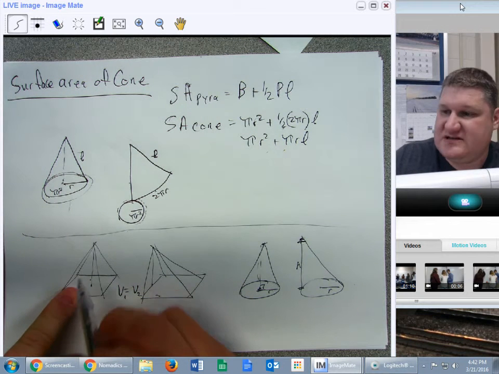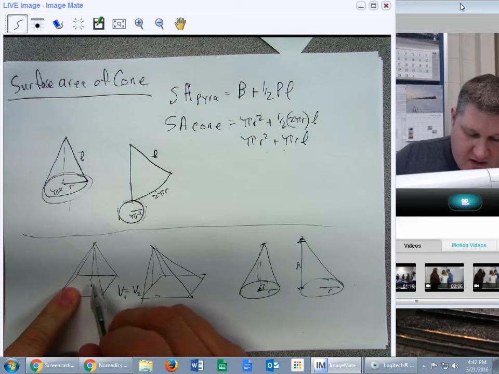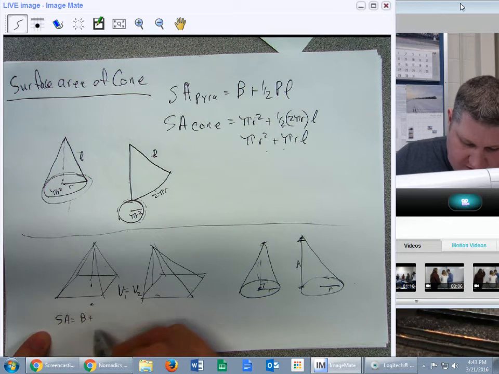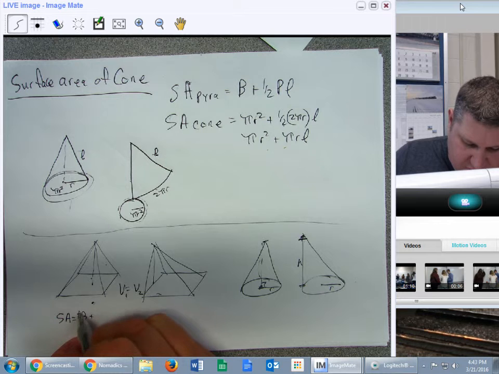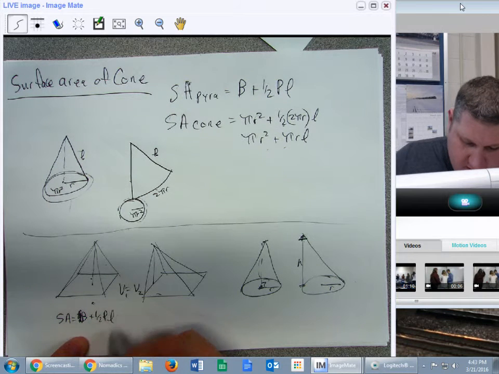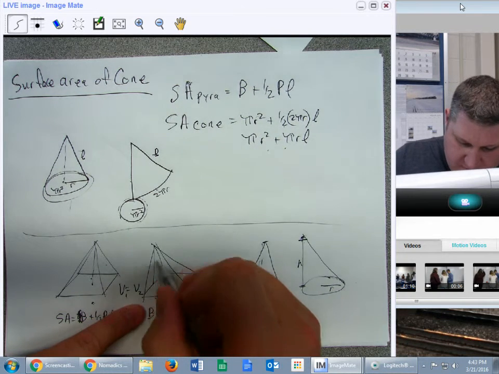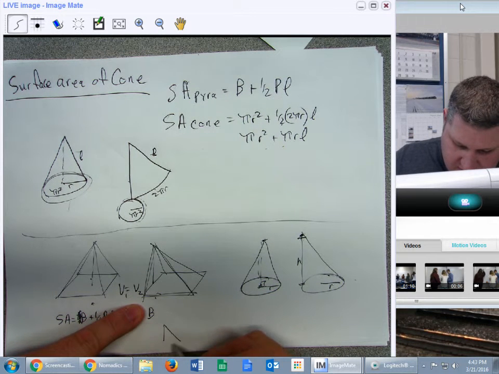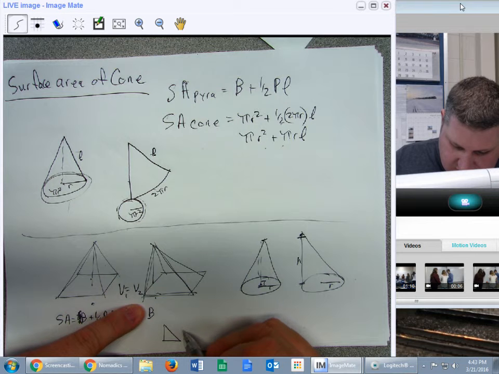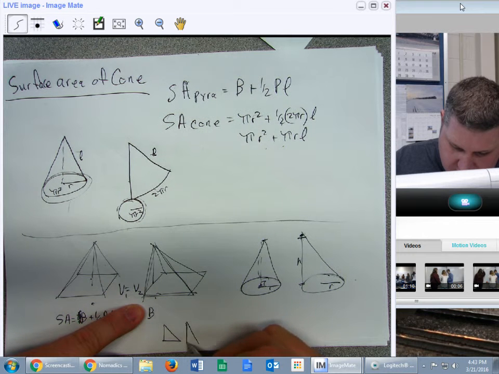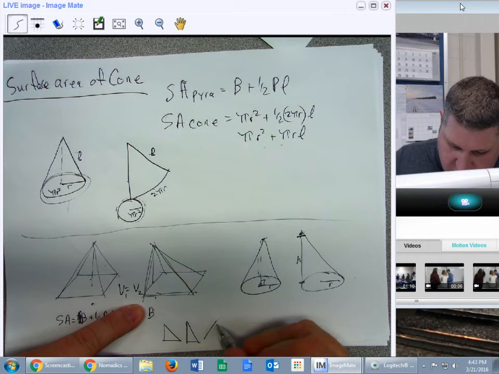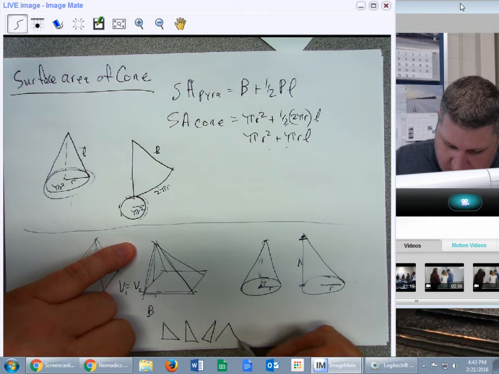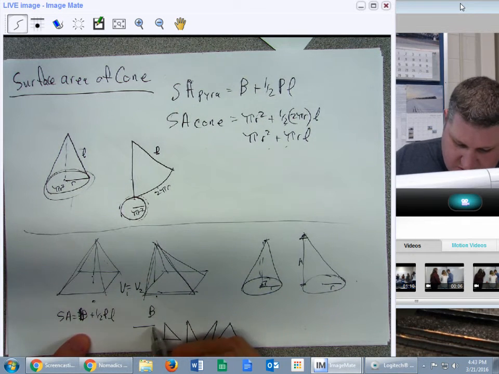But over here, just like in a non-right prism, you can't use the same basic surface area formula, base plus 1/2 PL, because here you're going to have a base plus one side that is a weird triangle that kind of looks like this, and another side that is a triangle that's similar, but then you're going to have this one weird one up the middle, and then you're going to have this wide fat one that looks like this, plus your base.